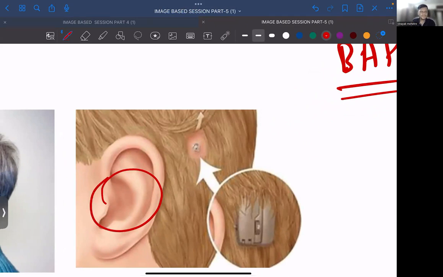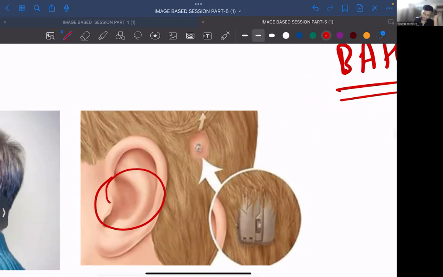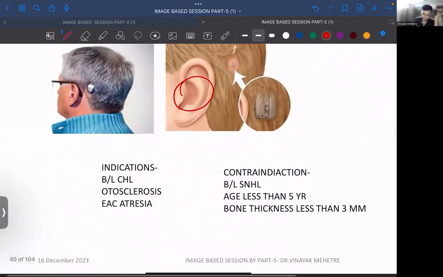The problem is present in the external auditory canal or external ear, and the problem is conductive hearing loss. So any disease which is going to cause conductive hearing loss, we will use a bone anchored hearing aid. Examples: bilateral conductive hearing loss, otosclerosis, external auditory canal atresia, absent external auditory canal.